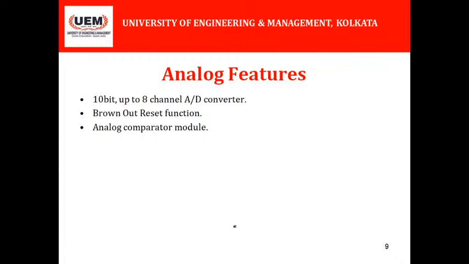Analog features. Microcontroller is capable of converting analog signal to digital and digital signal to analog with the help of the analog to digital converter. It is using up to 8 channel analog to digital converter. That means analog to digital converter has 8 different channels.